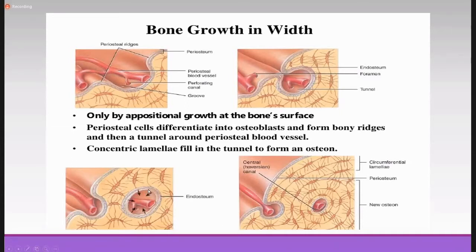With the formation of this closed compact structure around the blood vessel, you will have migration of the osteocytes towards this concentric structure, and gradually an osteon will be formed. And that is how the growth of the bone in breadth takes place.